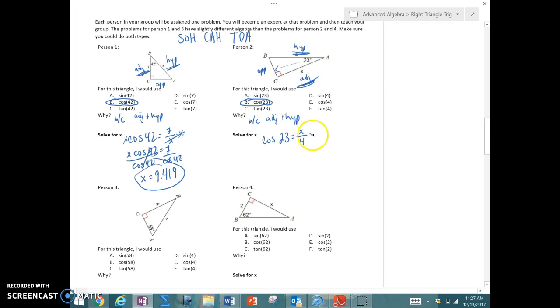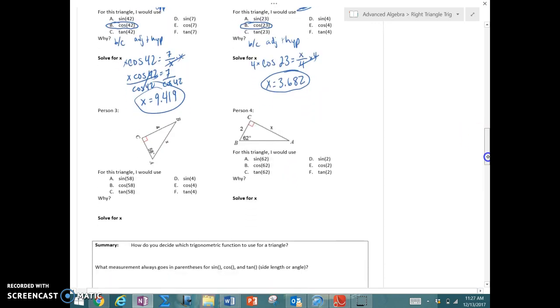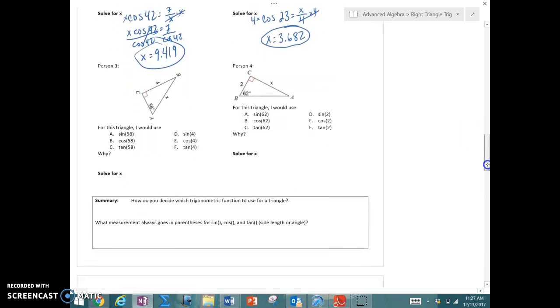And you can see this is the easier solving. I just multiply both sides by 4, type it into my calculator, I get 3.682. So when the x ends up on the bottom, in the denominator of the fraction, it takes the extra step of solving.